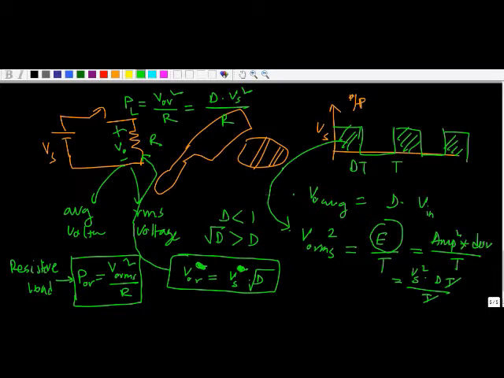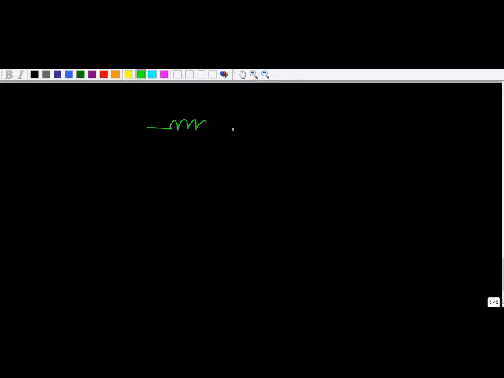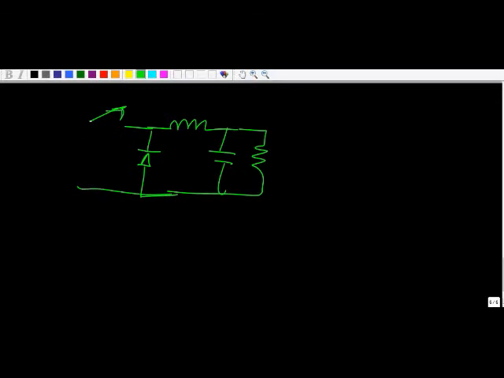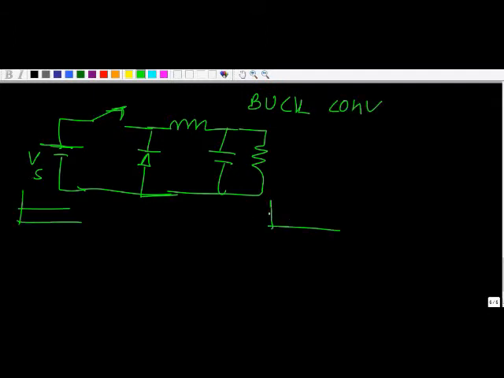But in GATE 2019, the question was about a DC to DC buck converter, and a buck converter by its property has a filter in it like this, and there we have the load and the switch, and there is also a diode for freewheeling purpose. That is the original circuit of a buck converter, where we have pure DC input and we get a pure DC output.